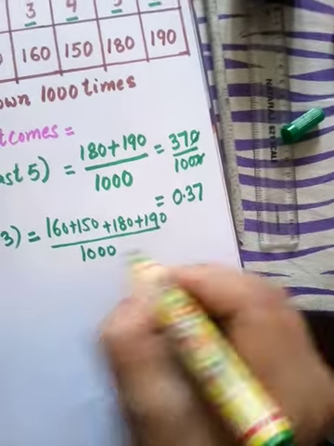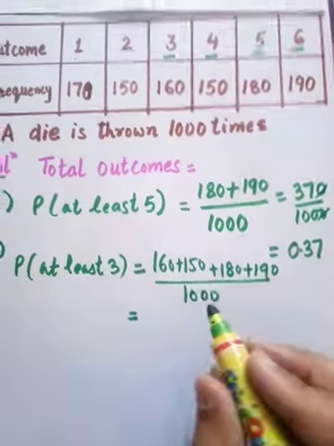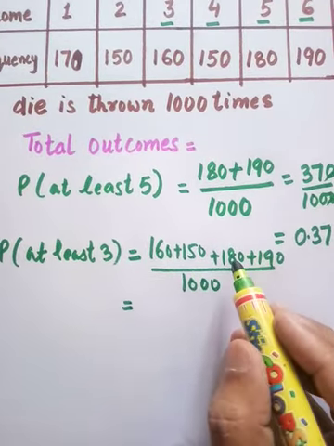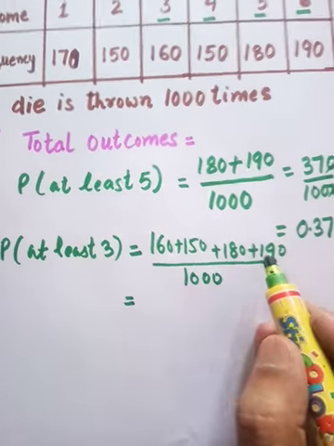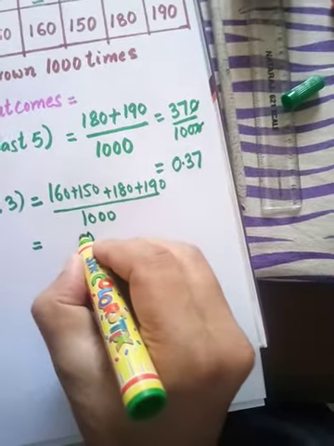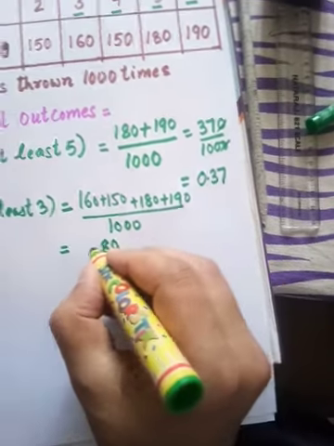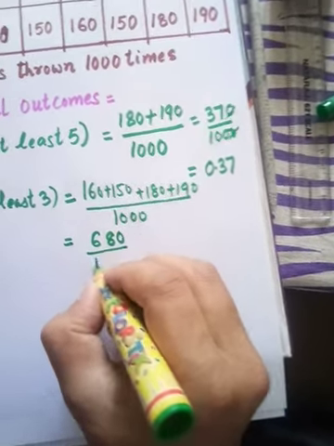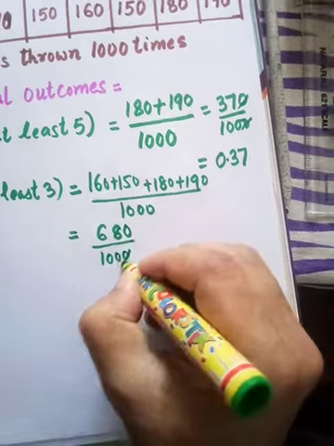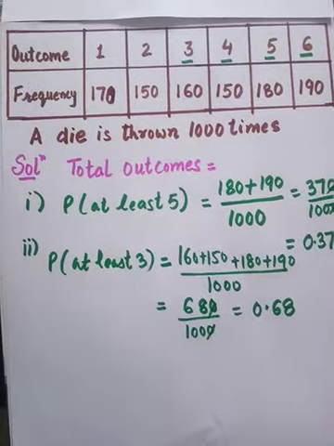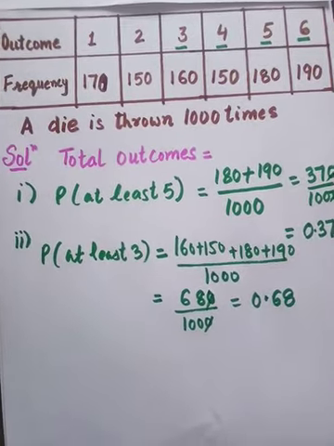Now you can add it: 6 and 5 is 11, plus 8 is 19, 19 plus 9 is 28. So 0 will come and 8 will come, 2 carried over, 3 4 5 6, 680 upon 1000, and this is equal to 0.68. So our second case is also done, at least 3.